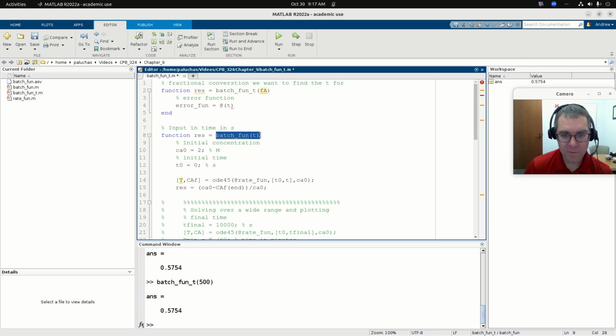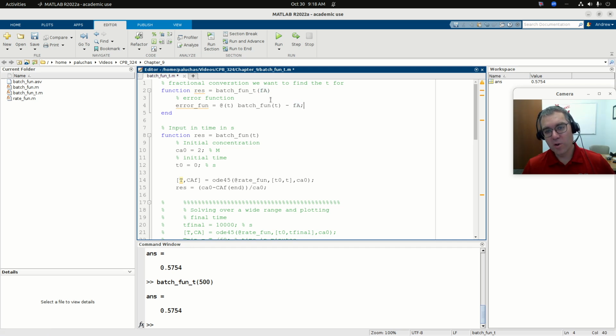Okay. When I pass that value of t to my error function, what do I want to call? I want to call batch fun t. Okay. But then what I want to do is I want to subtract. So batch fun t will return the fractional conversion at that time t. I want to subtract from it the value of the fractional conversion that I'm trying to solve for.